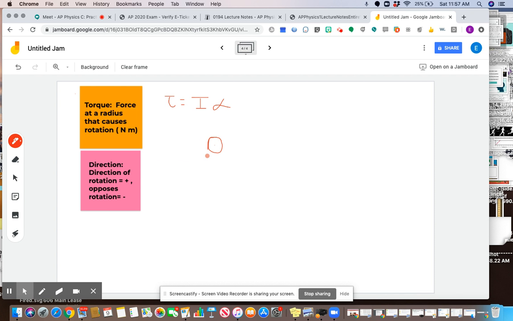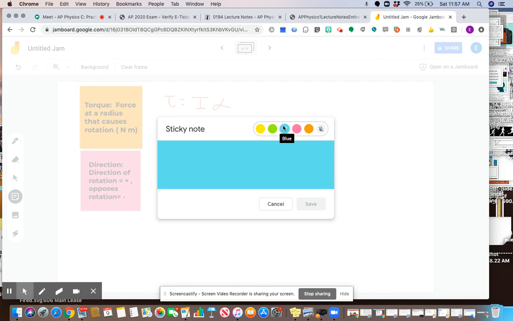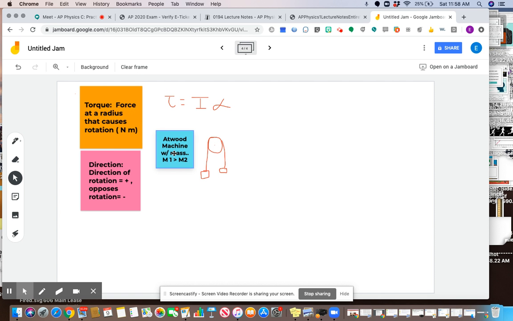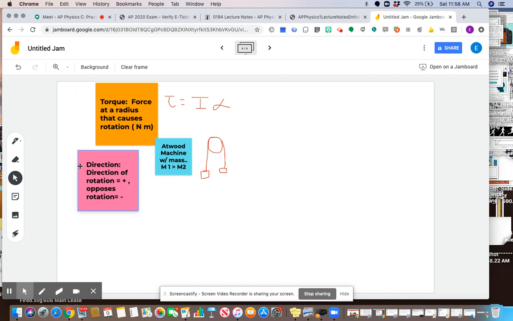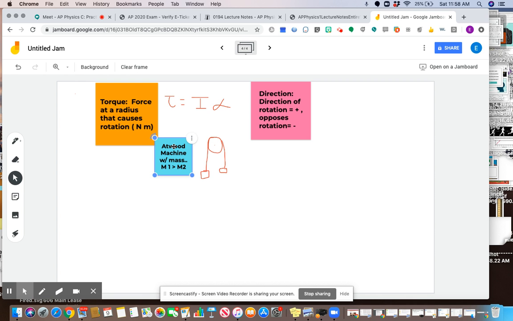So when we have a pulley with mass, and M1 is greater than M2, let's say this one's M1.